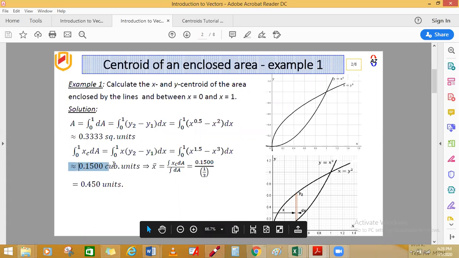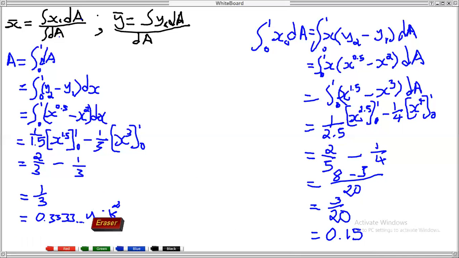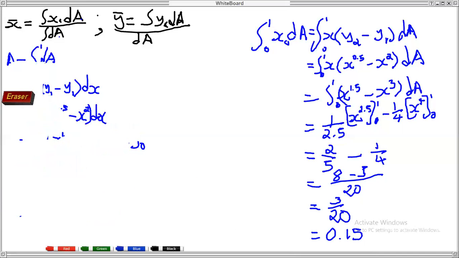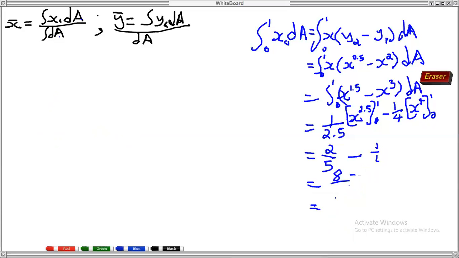This one 0.15 cubic units. Okay, cubic units. So we can just complete that also. This one we got 3 over 20.